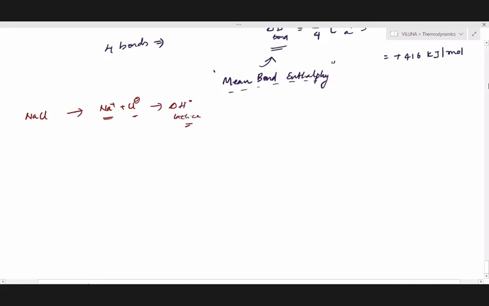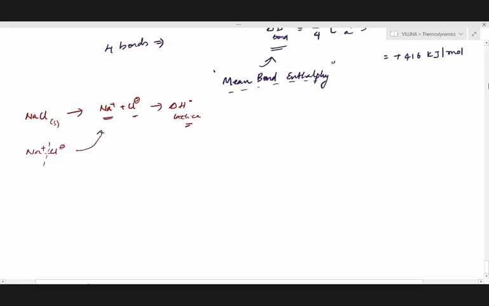Yes or no? Do you remember or no? So when it comes to ionic compounds, the bond dissociation enthalpy is nothing but the lattice enthalpy, because the Na plus and Cl minus are just the electrostatic attraction only, and in solid state they will be packed. So we will be breaking those attractive forces in order to convert them into Na plus and Cl minus.